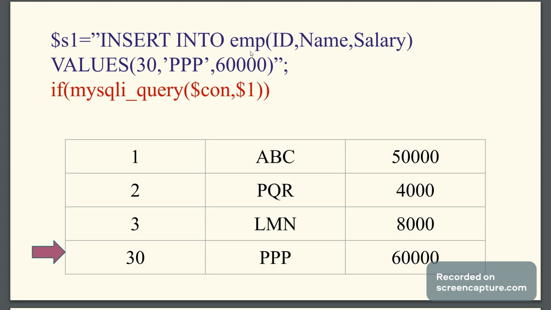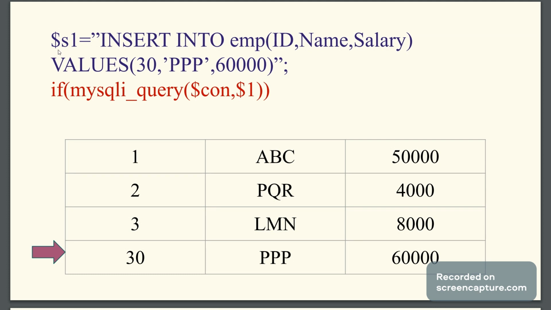I want to pass the value for three columns ID, name, salary, and we give the values separated by comma in the values parenthesis. If the values are numbers, no need to include in a bracket or double quotes. But when it is a string or character, we have to enclose that value in a single quote.